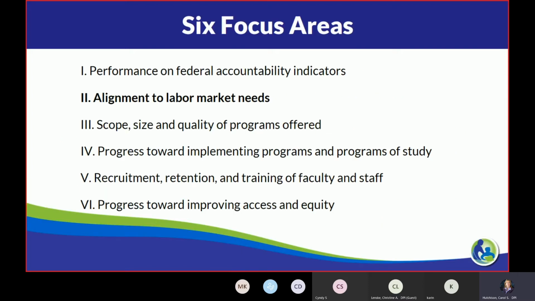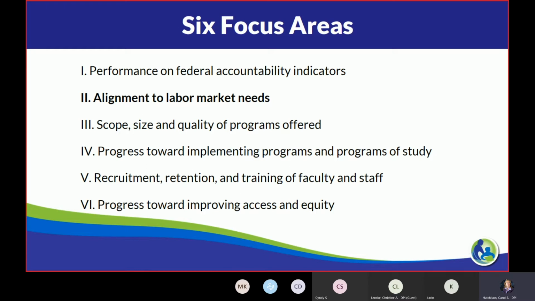There are 6 focus areas of the needs assessment. Because each of the 6 areas is key to the needs assessment, the Wisconsin Guide to Conducting a Comprehensive Local Needs Assessment, or CLNA guide, found on the DPI Perkins 5 website, dedicates one section to each.